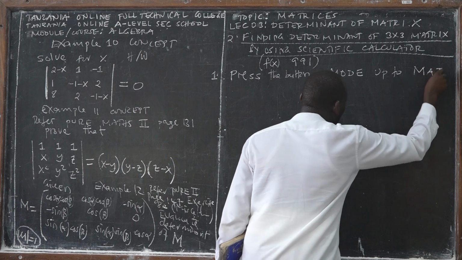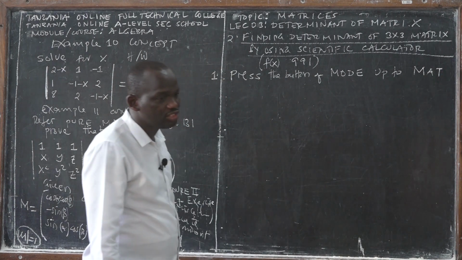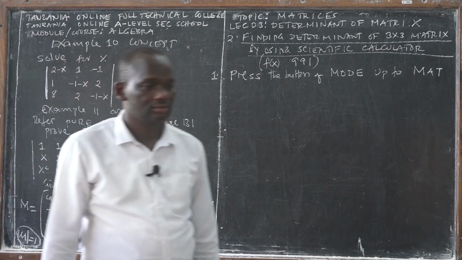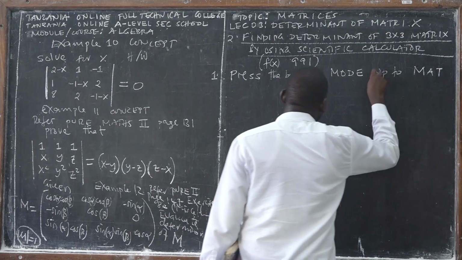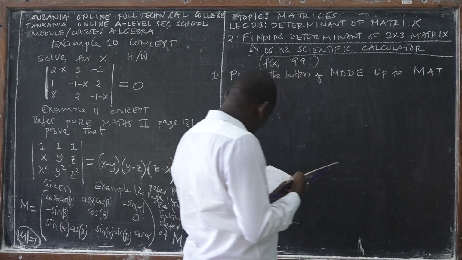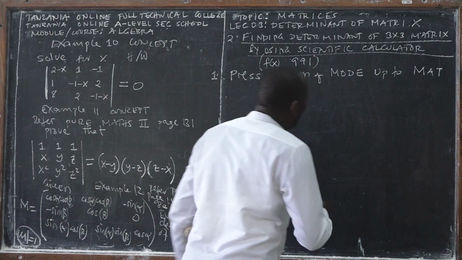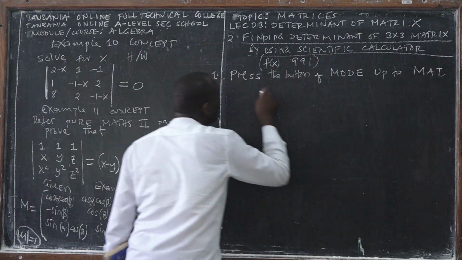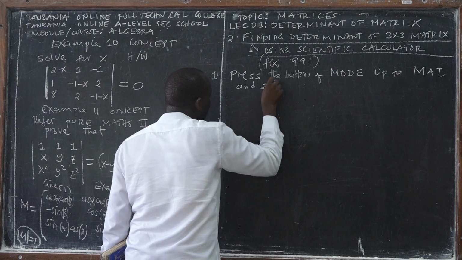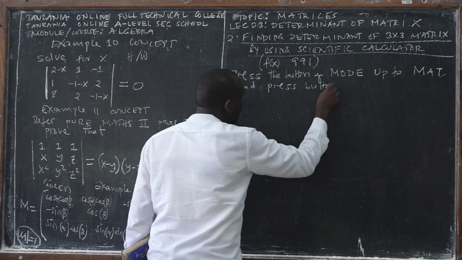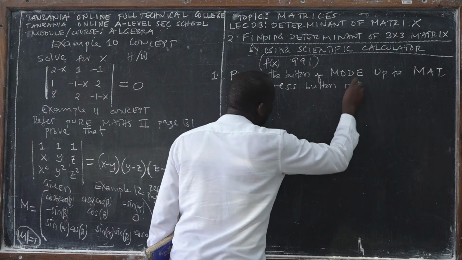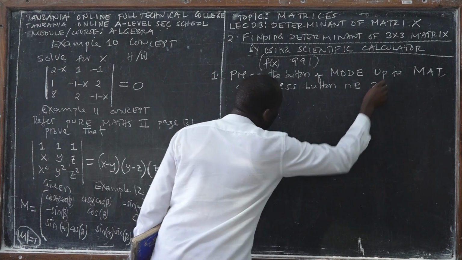I think you have to press it 3 times until you see MAT. Once you see MAT, select it and press button number 2, the button written on top of it number 2.